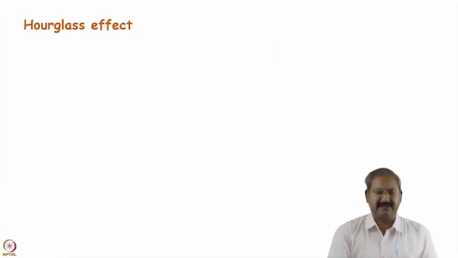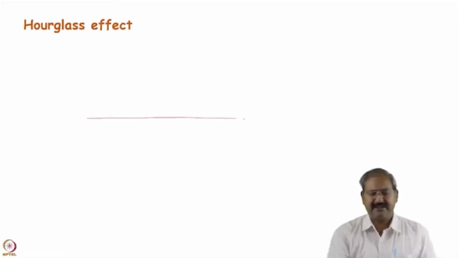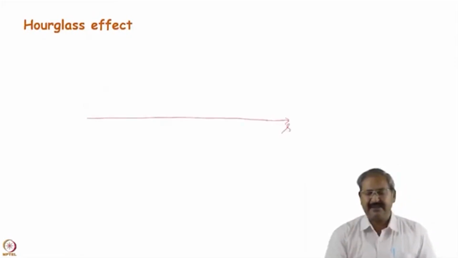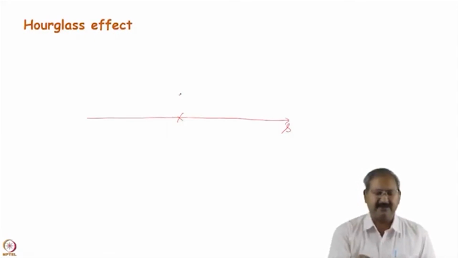What is the hourglass effect? The hourglass effect is like this. Suppose this is the S, and suppose this is the collision point. So I want a focused beam here. Means the twiss parameter beta will be minimum at this location. So suppose this is the twiss parameter beta. So it goes like this.